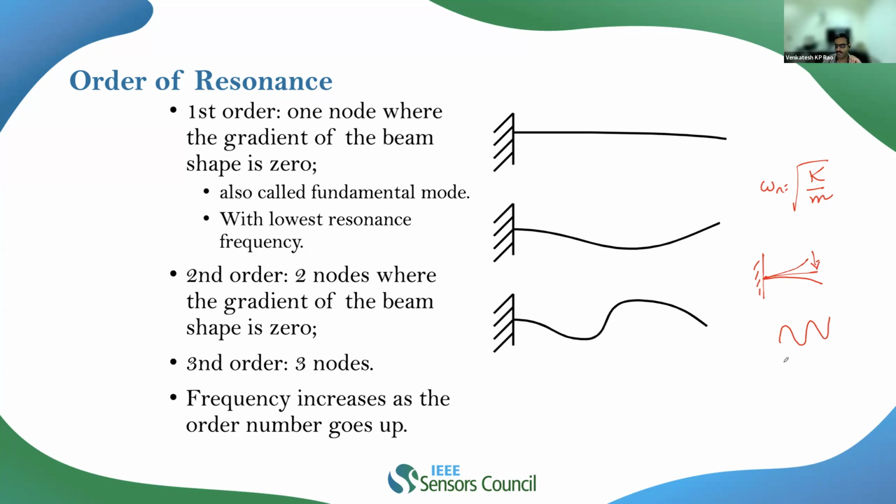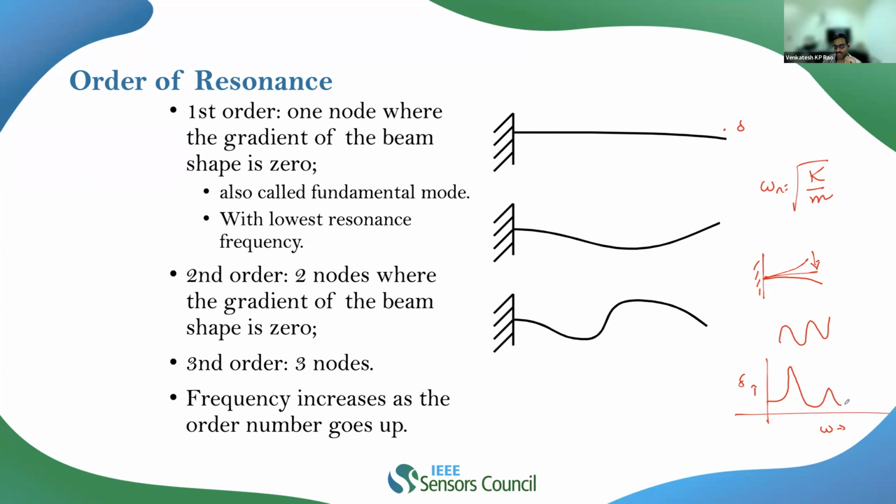Correct? Now what I will do is sweep the frequencies. If I sweep the frequencies and monitor the tip deformation, delta, for this cantilever, then we can see that initially at one frequency it will go up. This is the first resonance, and then it will come down, and afterwards it will again go up.